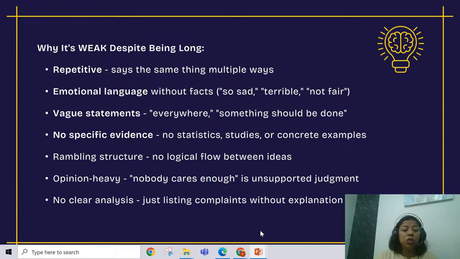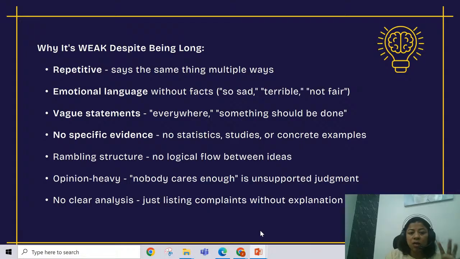So example A is weak because, one, it is repetitive. It says the same thing multiple ways. Two, it uses emotional language without facts. You're saying so sad, terrible, not fair. You are not supposed to use emotional language in Global Perspectives.